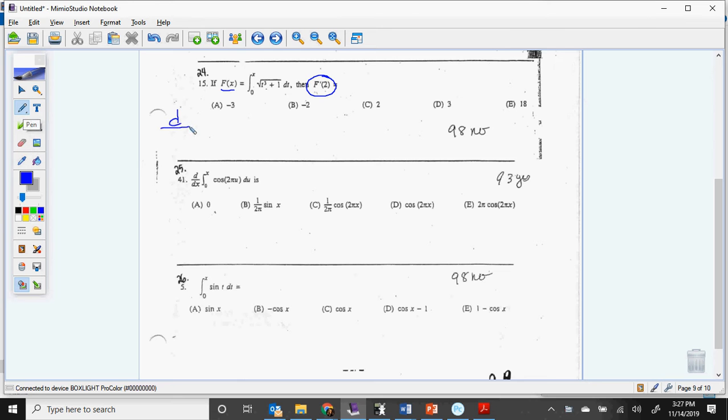Alright, so d over dx of the integral from 0 to x like that. Well, we learned that when I find the derivative of an integral with x in my interval, we have one of 3 cases.